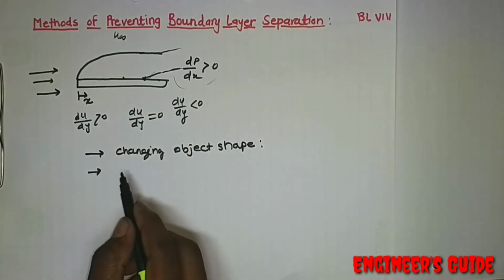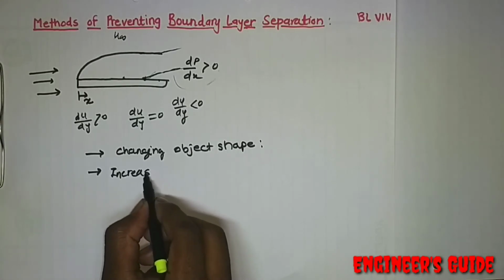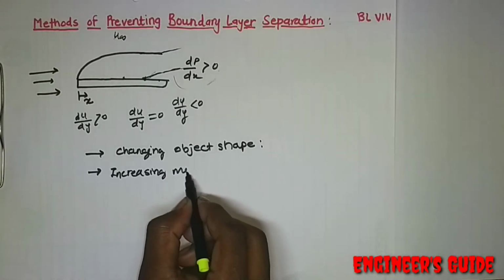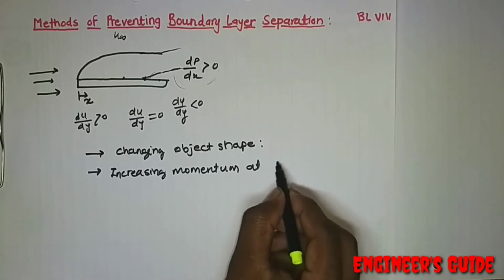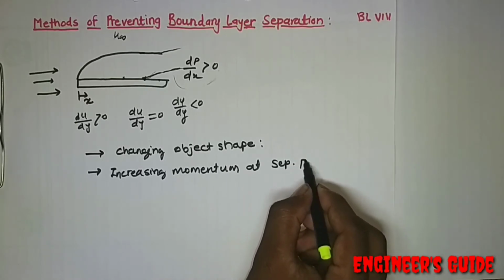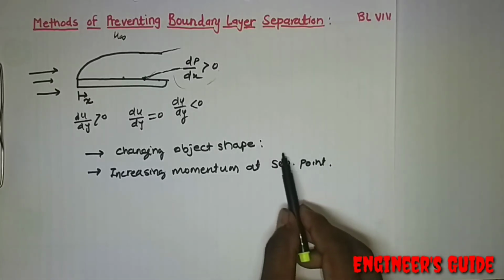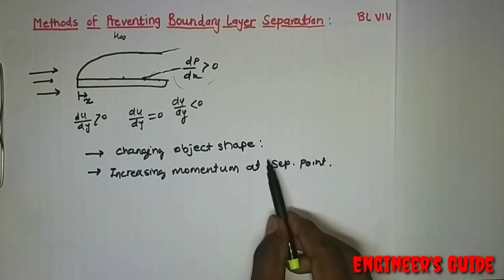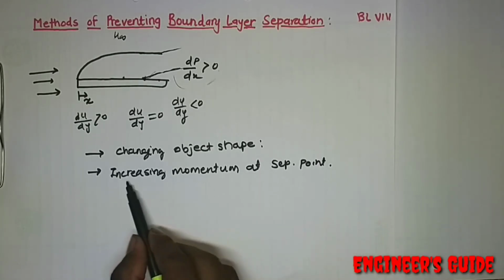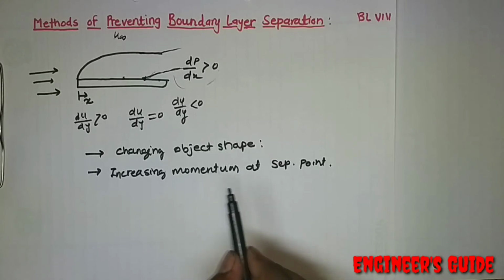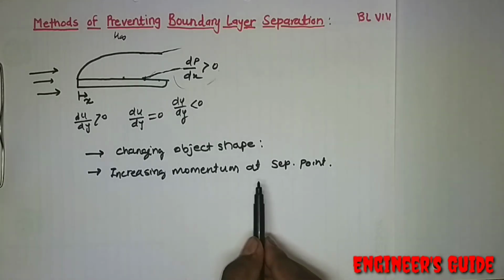The next available option is increasing momentum at the separation point. At the separation point, the particle loses its kinetic energy. That's why it separates from the surface. So we have to increase the momentum at the separation point so that it will be continuous along the surface.